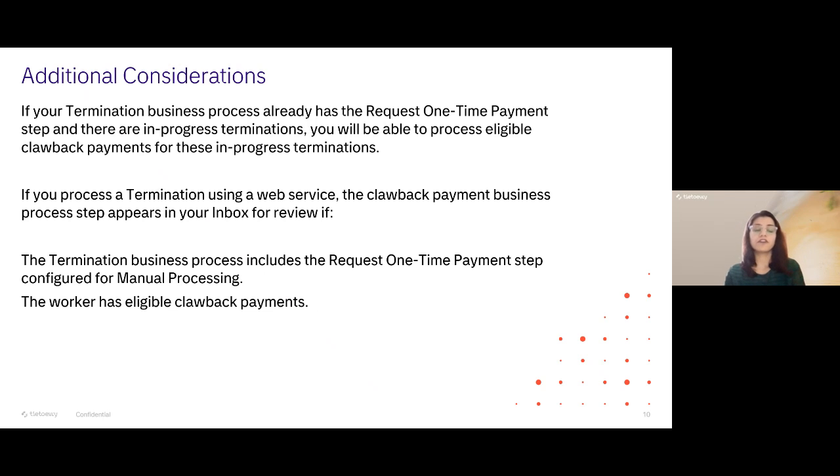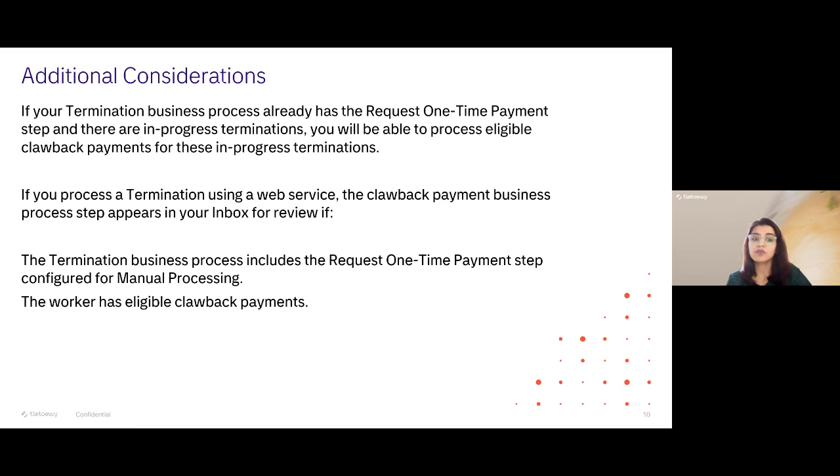That was a bit about functionality. Then a couple of additional considerations. If your termination business process already has a request one-time payment step, and if you have any in-progress terminations, you will be able to process these clawback payments for your in-progress terminations as well.